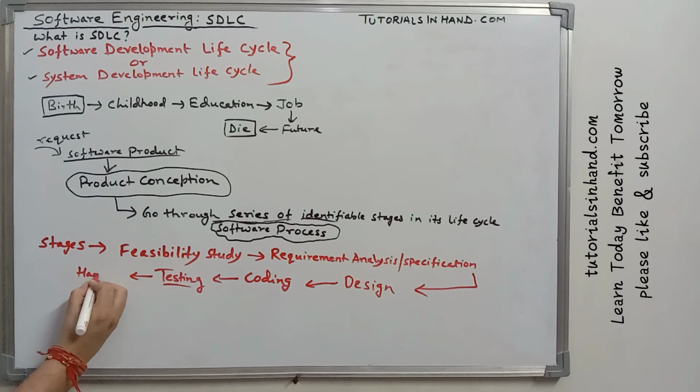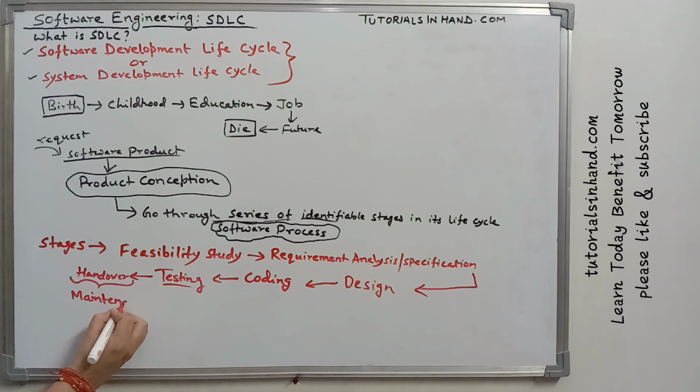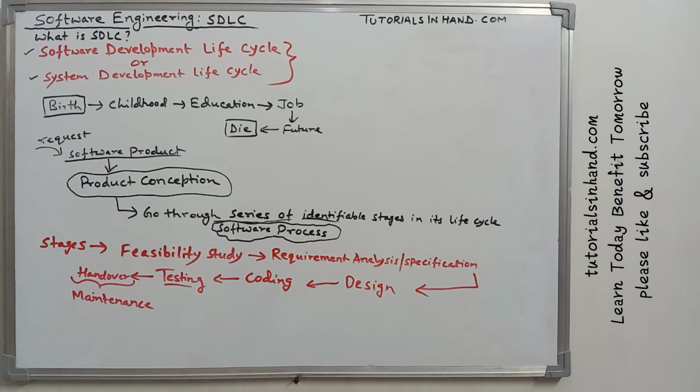Once it is handed over, the maintenance phase will start. Maintenance phase means there might be changes coming on the developed product, some other features might be added or some other features which are not needed might be required to be slashed out, so that feature needs to be retired.